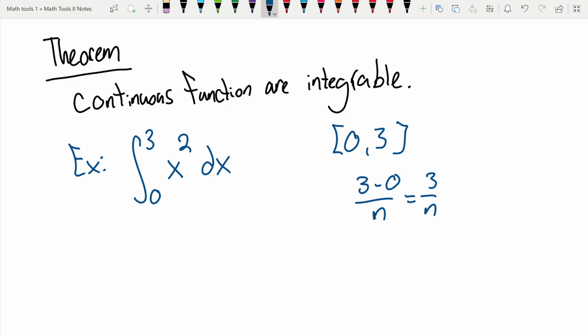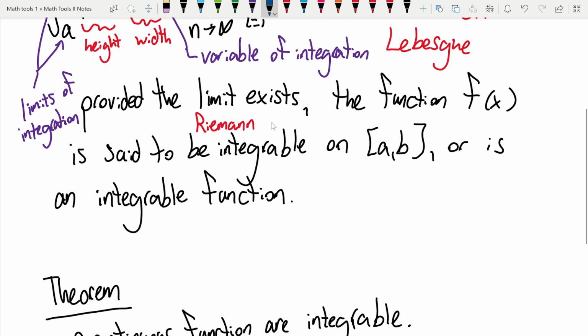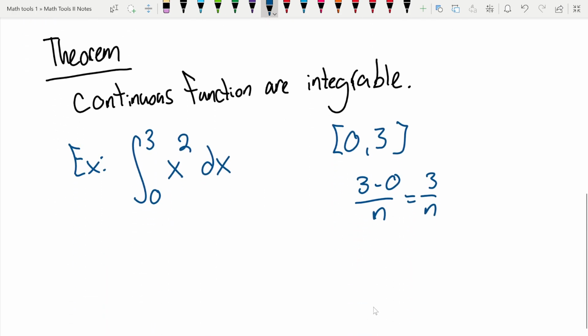So we're going to look at this with widths of 3 over n. Now, if we look at the definition here, we need the widths and we need the heights, but remember, xi star can be any point in that interval. So it doesn't matter here if we do a right endpoint approximation, a left endpoint approximation, or any of that. We could use the right hand one or whatever.